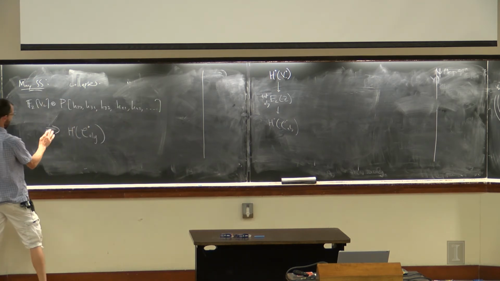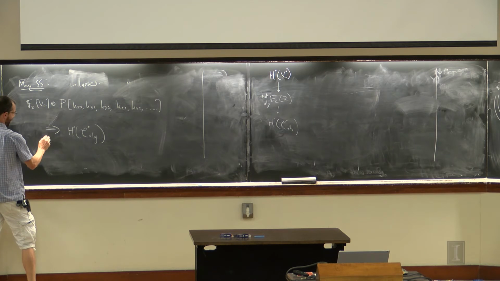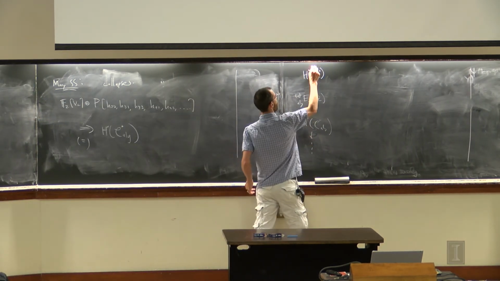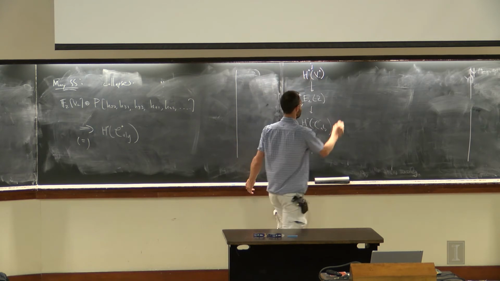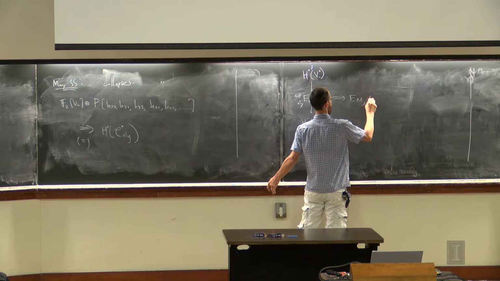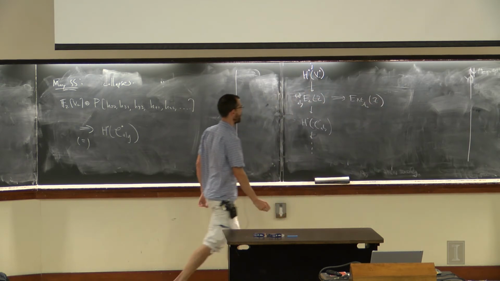So in fact, this is not converges, this is equals, okay? And then this thing is converging to something else, the Adams E2 term for Z.